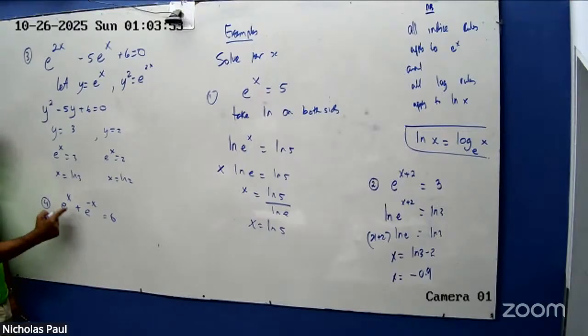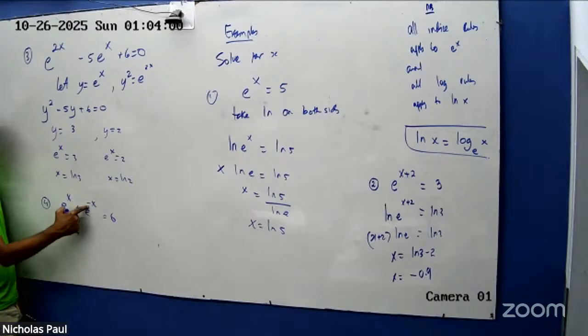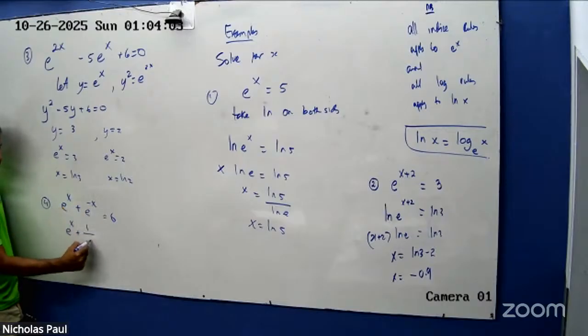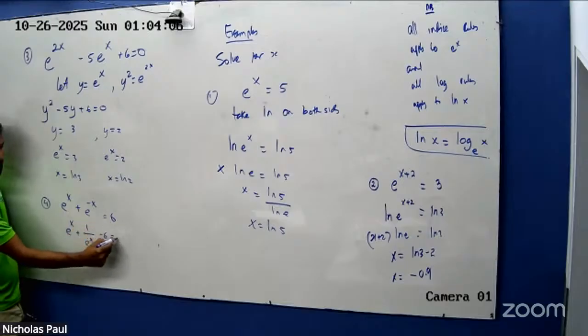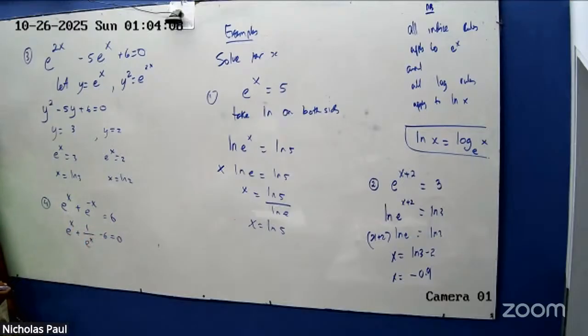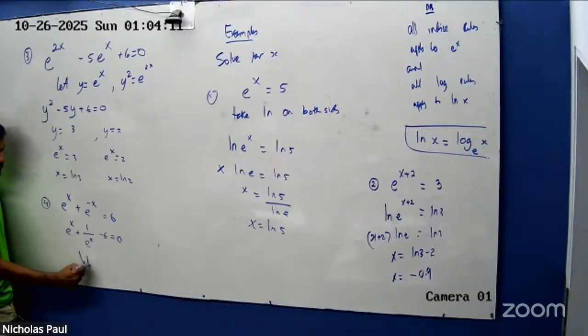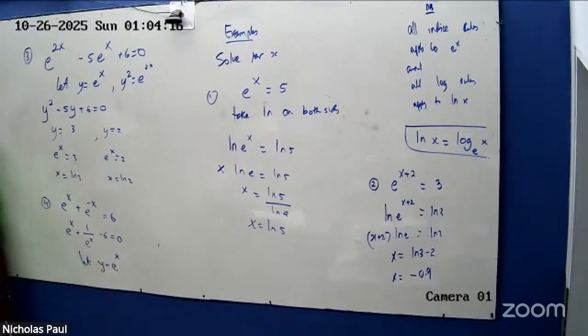So how can I rewrite this? e to the minus x, what does the minus indicate again? 1 over, right? And then bring across the 6. What's the substitution you can make? Well, we can let y equal e to the x, yeah? And then get rid of the fraction. Try it. See how it looks. Solve it quick.